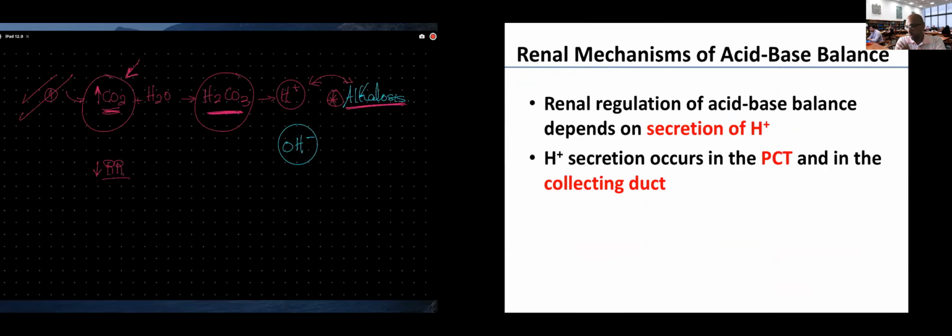Renal mechanisms of acid-base balance. Renal regulation of acid-base balance depends mainly on the secretion of protons or hydrogen ions. Hydrogen secretion is taking place in proximal convoluted tubule, but please change this to distal convoluted tubules in your notes.